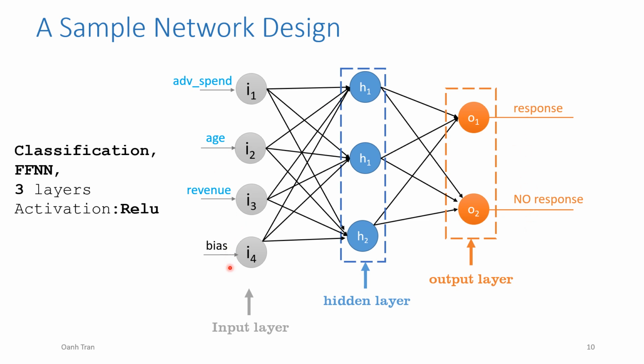I use ReLU as the activation function of the hidden layer. And for the output layer, because it's binary classification, I will choose sigmoid, as recommended. Here's one possible solution. And how about you? What is your solution?